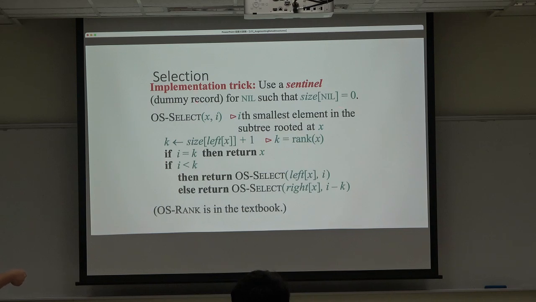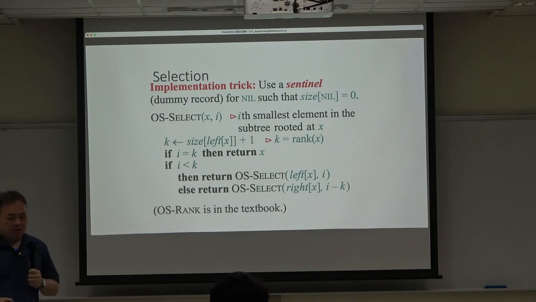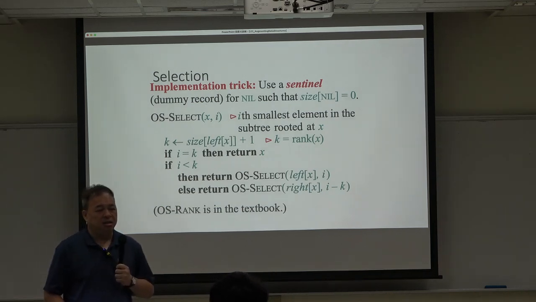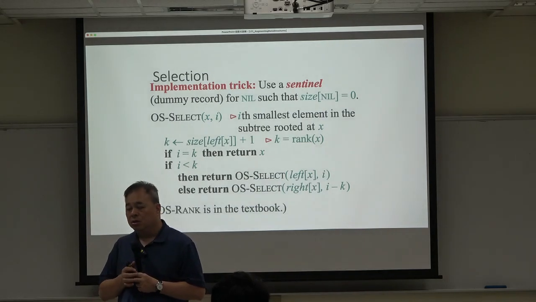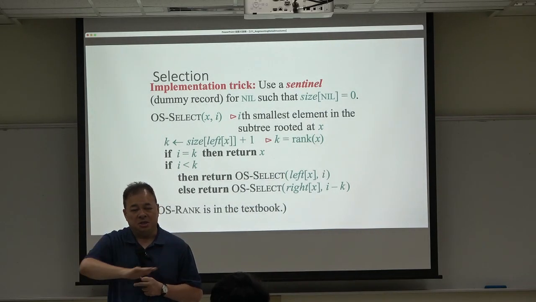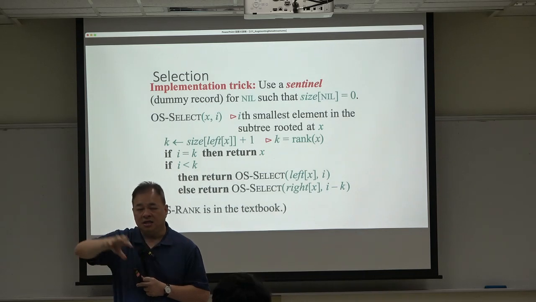First, we assign k to be the size of the left child plus 1. What is that? That basically is the rank of x. Because in an in-order traversal, you will finish all the nodes in the left subtree, and then the node itself.